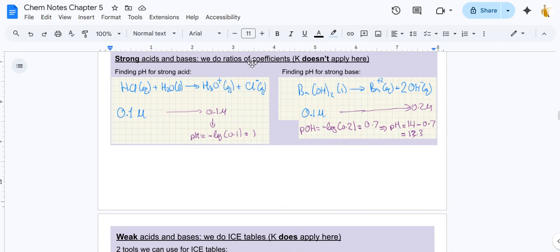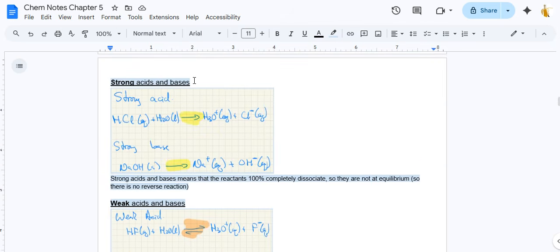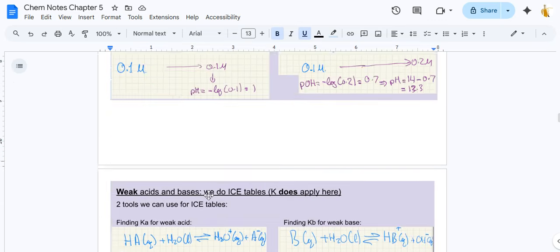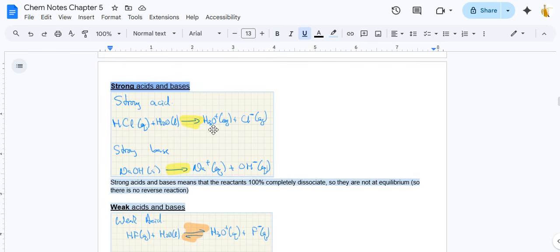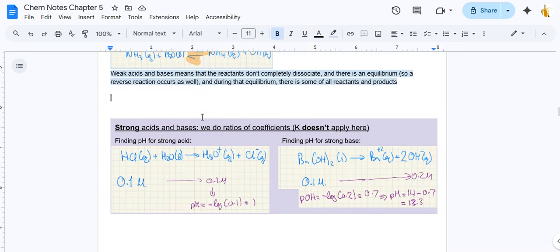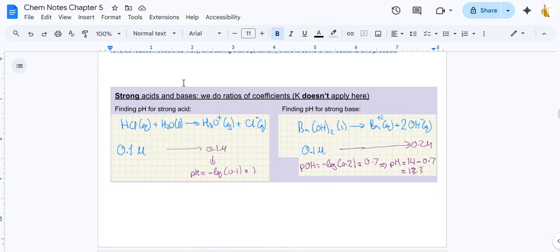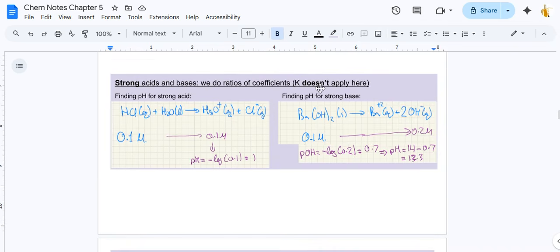Now this part of the notes is talking about the calculation difference between strong acids and bases and weak acids and bases. For strong acids and bases, we do ratios of coefficients to find pH.